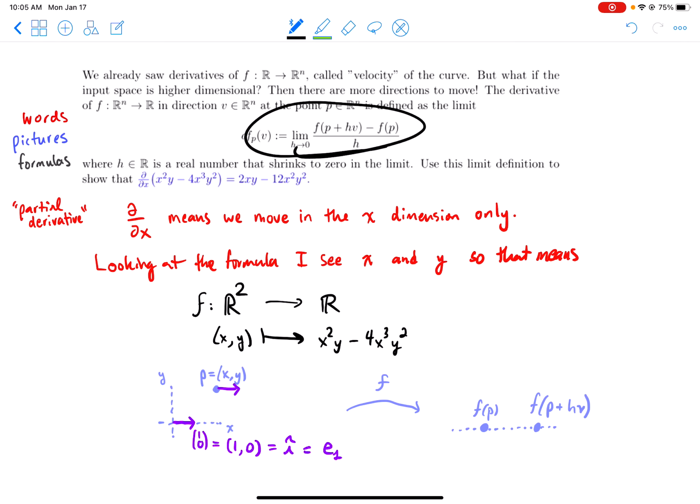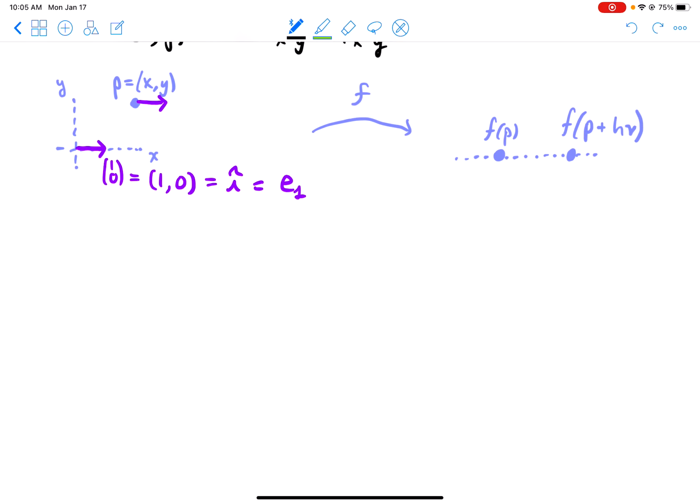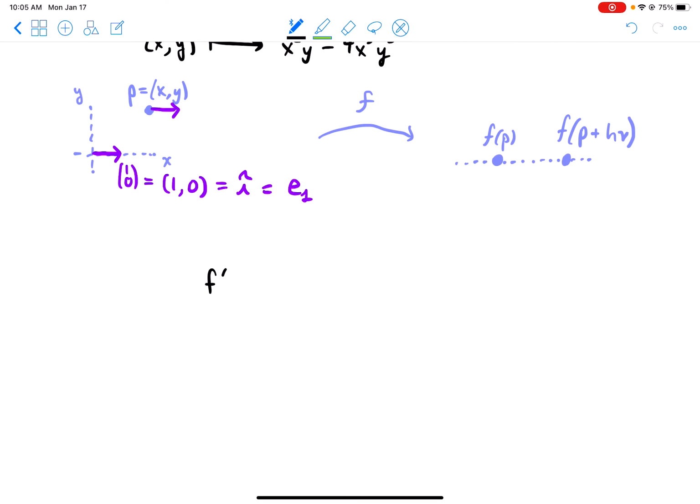So I'm going to take this formula, and actually it's worth just memorizing this formula. f of the point we're starting at, and then we're going to move some amount h, a real number, in the direction v. Okay? And then we're going to divide by that number h and take the limit as h goes to 0.